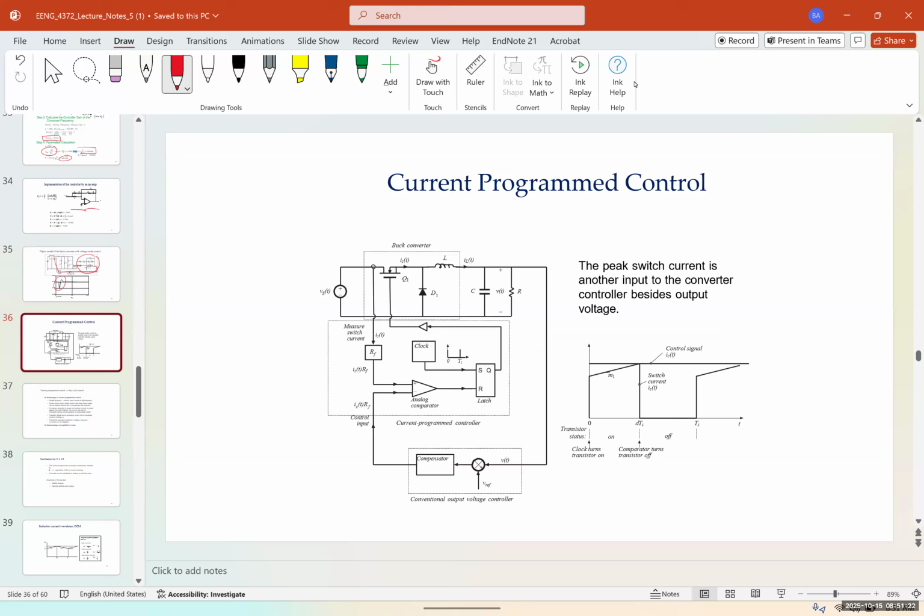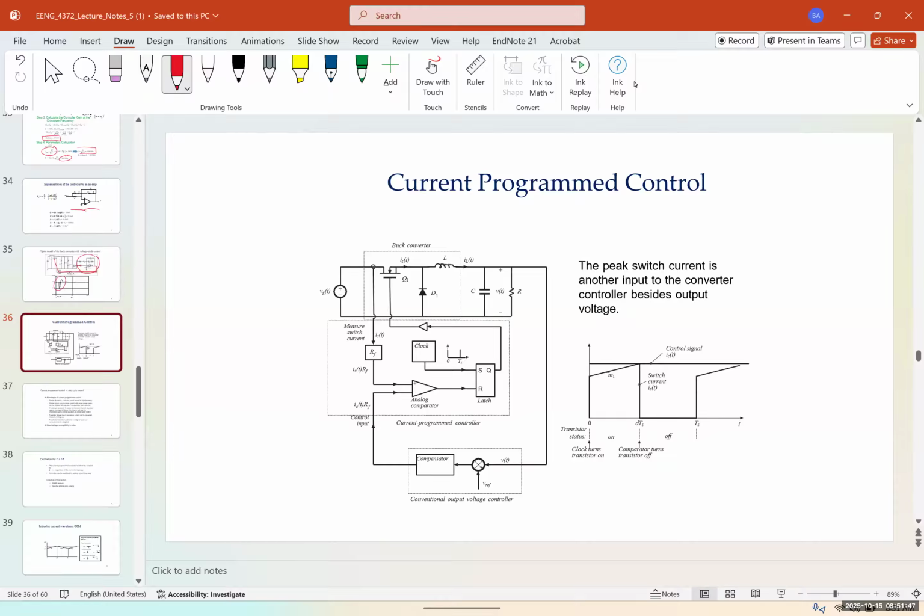Now, the other type of control system that we have is called the current program control. The peak switch current is another input to the converter controller besides output voltage in this system. It's a little bit more complicated than the voltage control system.